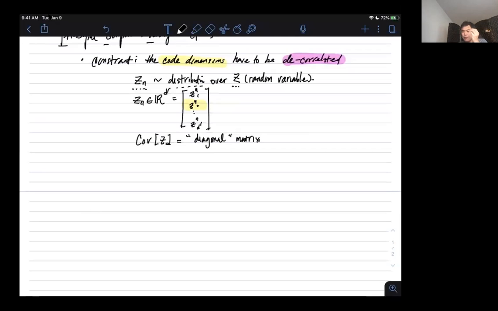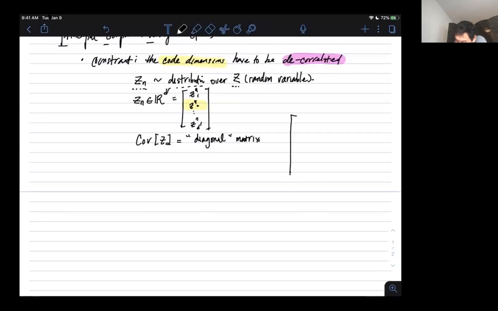Of course, every dimension is perfectly correlated with itself. However, when we say it's decorrelated, we think about all the off-diagonal terms, that is, pairs of two distinct dimensions. Two distinct dimensions should be decorrelated, meaning it doesn't matter whether one of them goes up or not, the other one goes up or down independently from the other one.